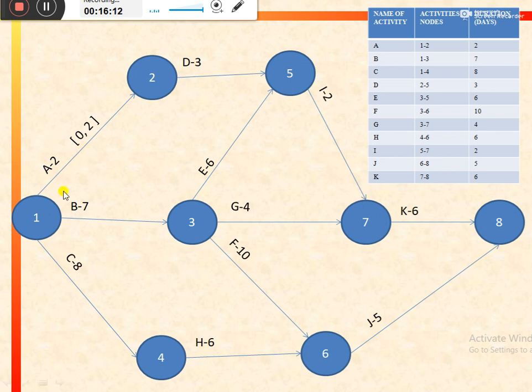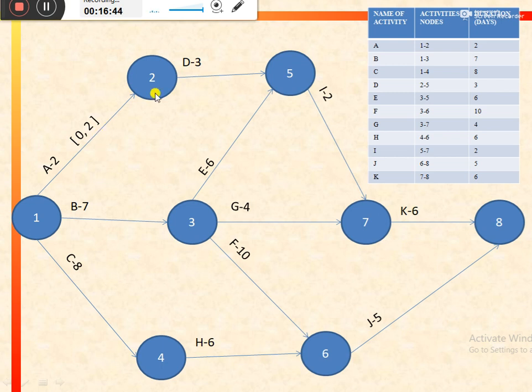As the durations are given with the activity names, 2 denotes the time taken to complete this activity. So activity A would be completed in 2 days. As the earliest start is 0, the earliest finish time would be 0 plus 2, that would be equal to 2. So the earliest finish for activity A would be 2.